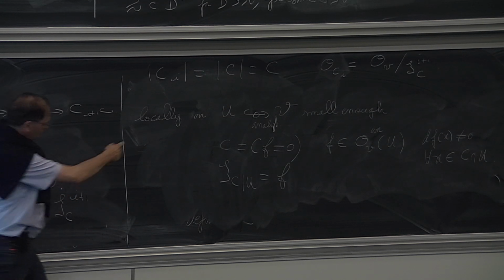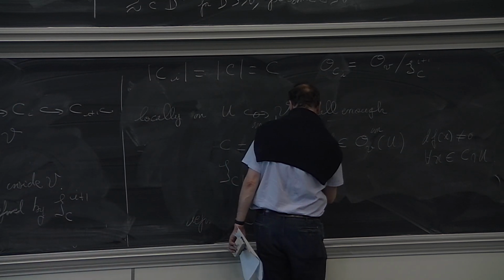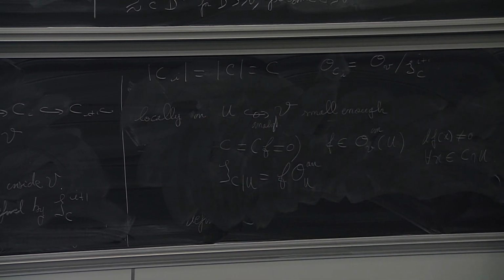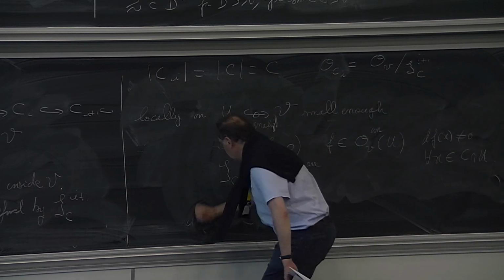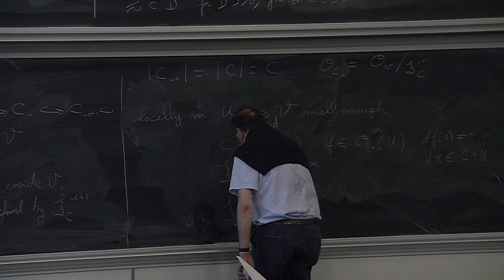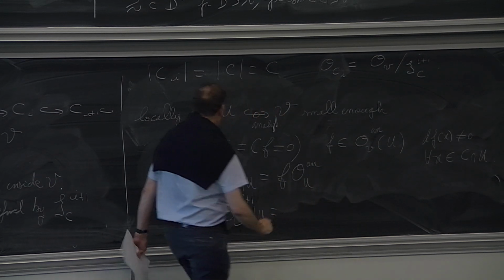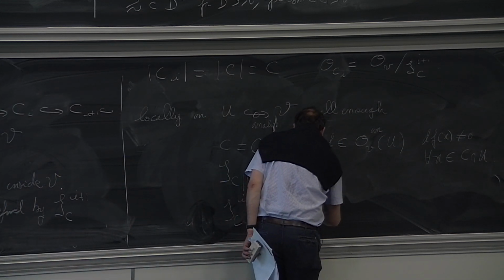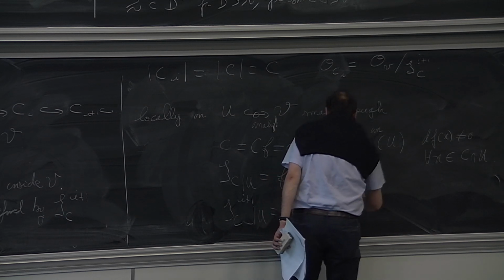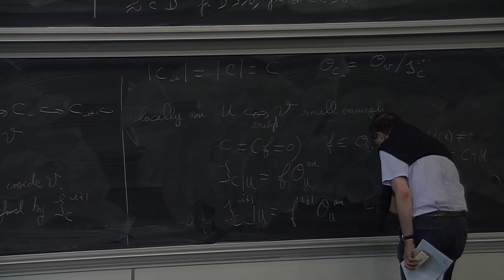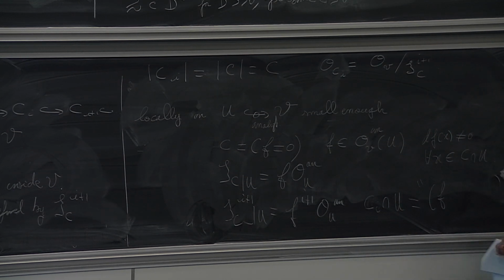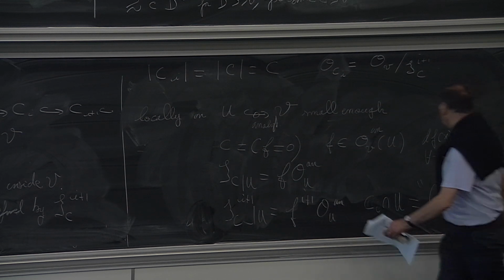It's the sheaf of functions that are multiples of f. And if you replace IC by its i plus 1 power, you replace f by f to the power i plus 1. And you see that Ci intersect U is defined, scheme theoretically, but in the complex analytic setting, by the equation f to the i plus 1 equals 0.